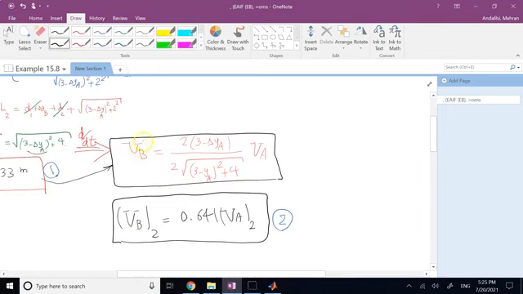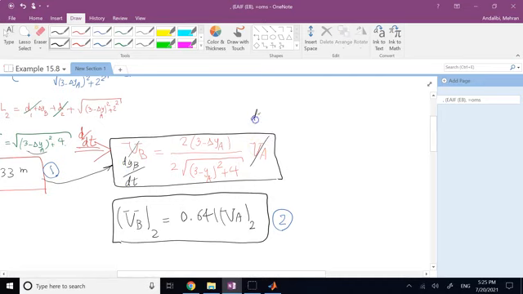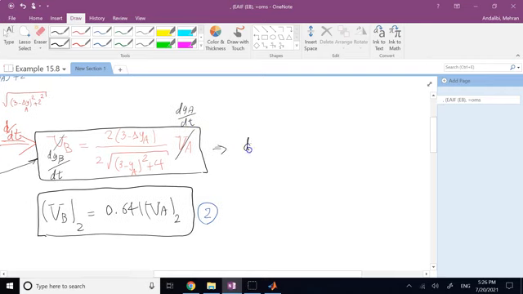So V of B is dyB over dt, and V of A is dyA over dt. So if I multiply both sides by dt, I clearly can find dyB related to dyA. If I cancel out these 2's, you will get this relation.